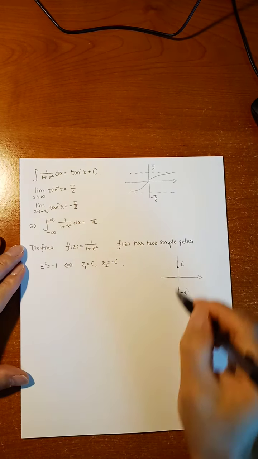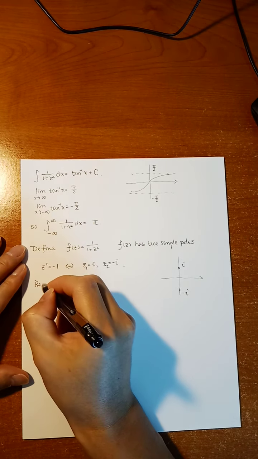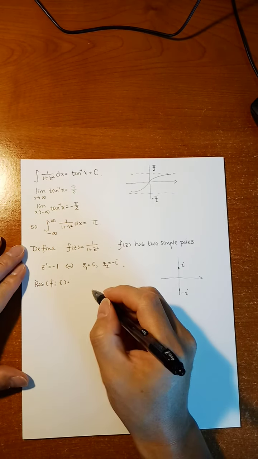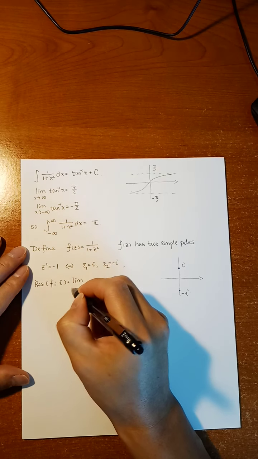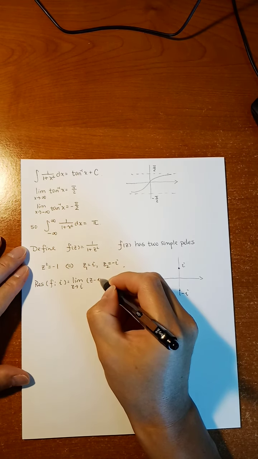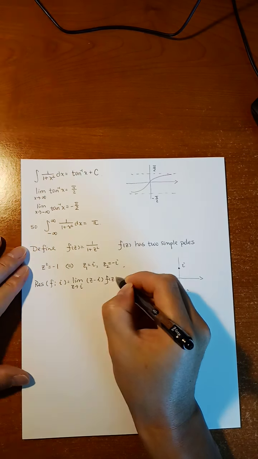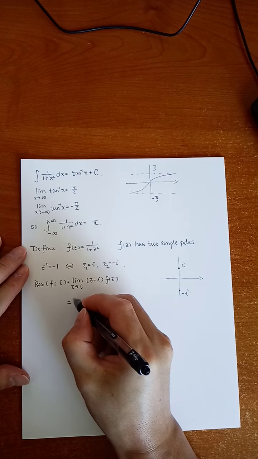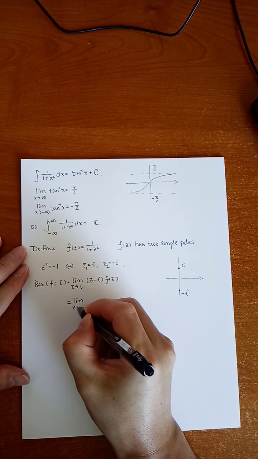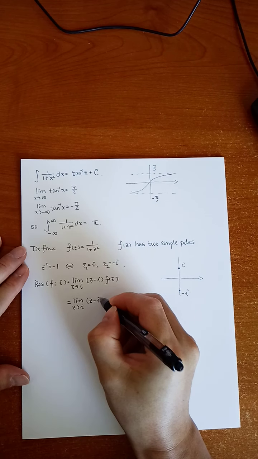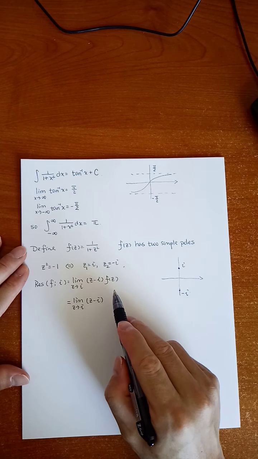Let's compute the residue of function f at i. Remember, it's the limit as z approaches i of z minus i times f of z.